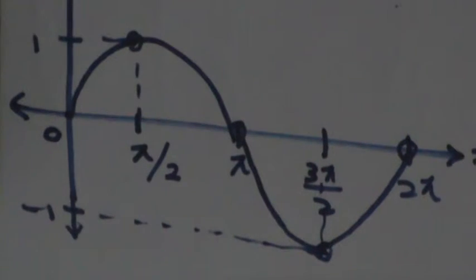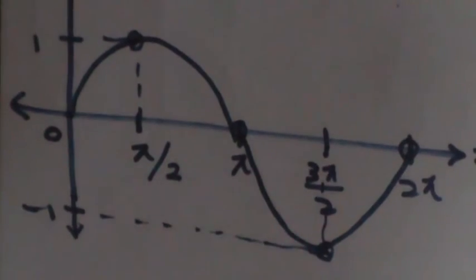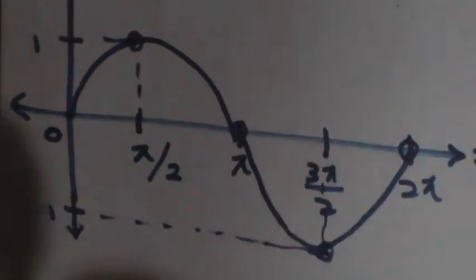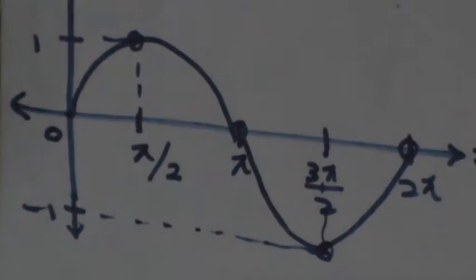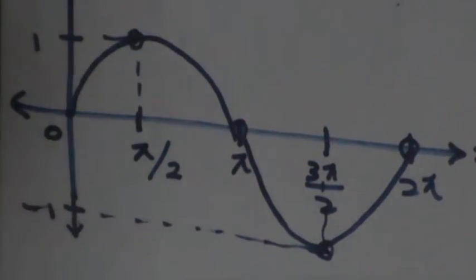The distance traveled by this object from here to here is called the wavelength. Now this is angle versus the sine graph: the x-axis is the angle and the y-axis is the sine variable. It's also called the sinusoidal graph. As x varies, sin x varies, so y varies.